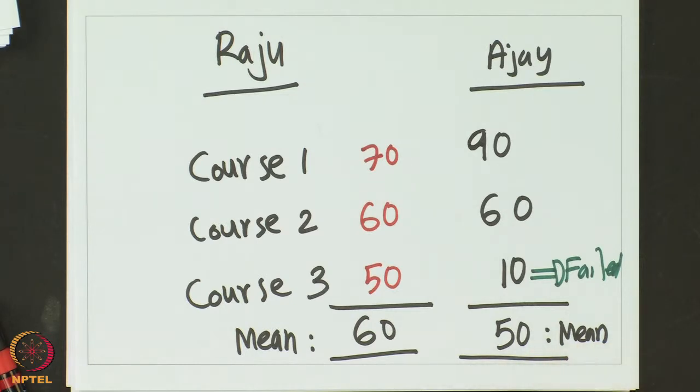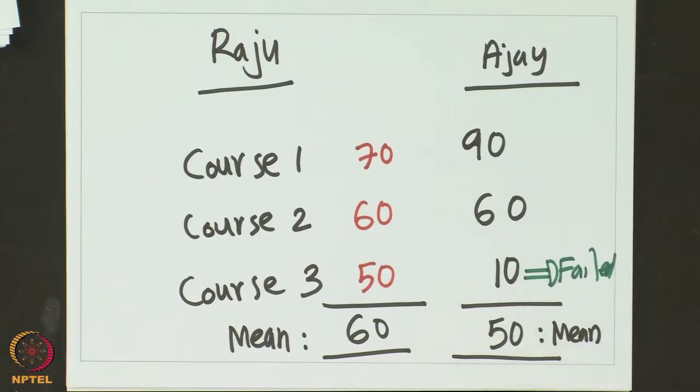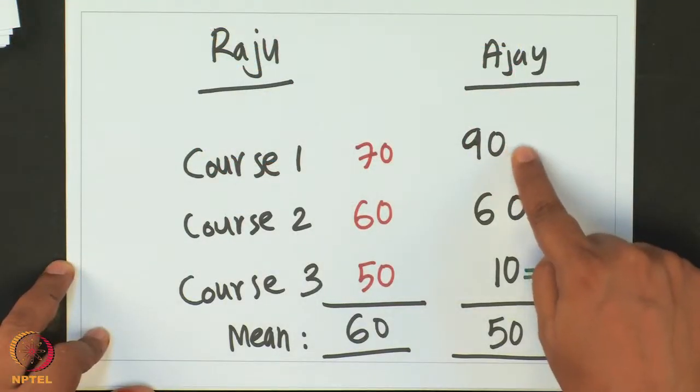So the mean is a quantity that conveys something, but there is some information which is not conveyed. The fact that there are some extreme numbers like 10, and in another course the same Ajay got very high marks, so he performed very well.